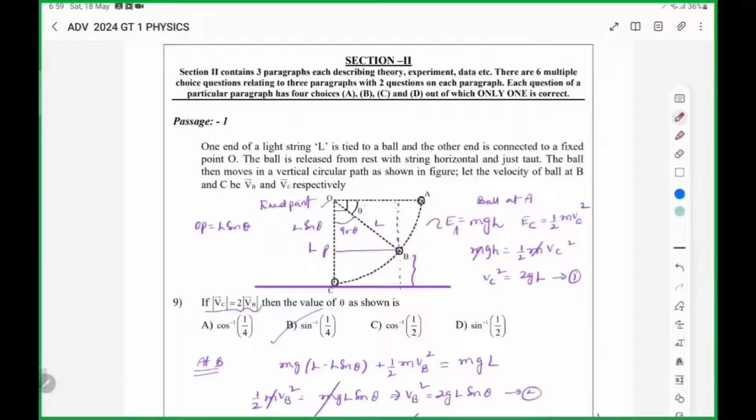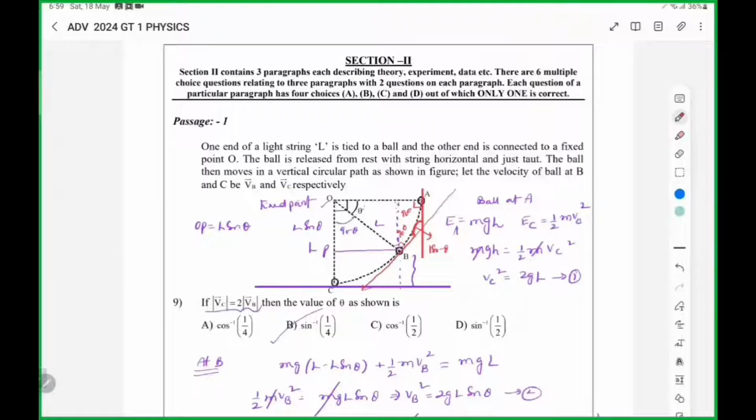Here it is at this point. If you draw a tangent, it gives the direction of velocity at B and at A. So here the angle is 90 degrees. This one is also 90. So 180 plus theta. This angle will be 180 minus theta.